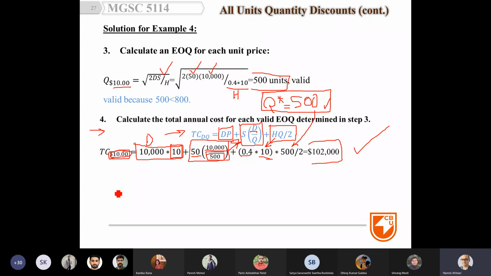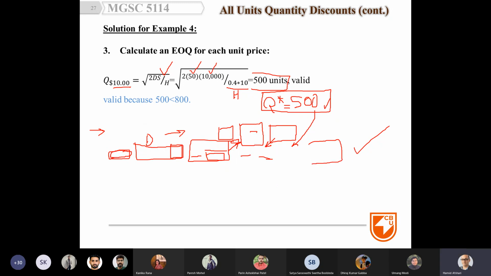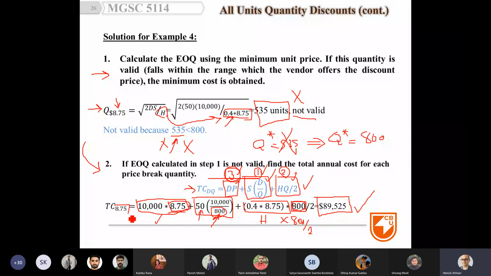What is step number 5? Comparing the cost for the first discount level and second discount level. Whatever is cheaper will be selected, right? So for the cheapest one, which is 8.75, how much was the total cost? $89,000.